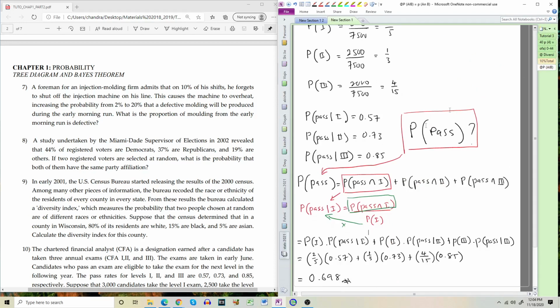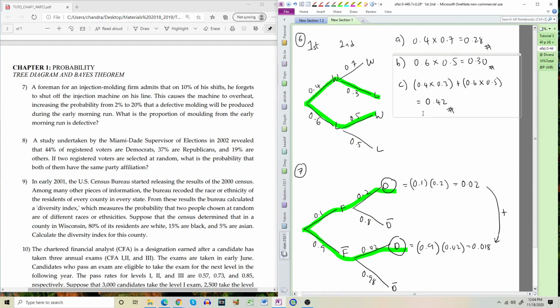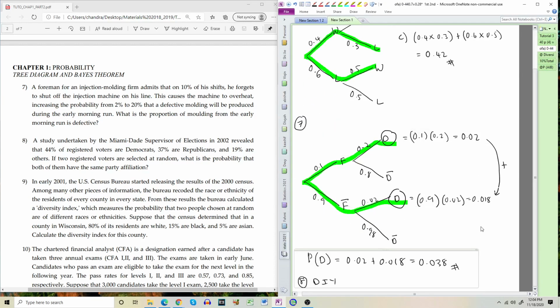Let me check. Okay, I told you before, you can write this as F given D and F.